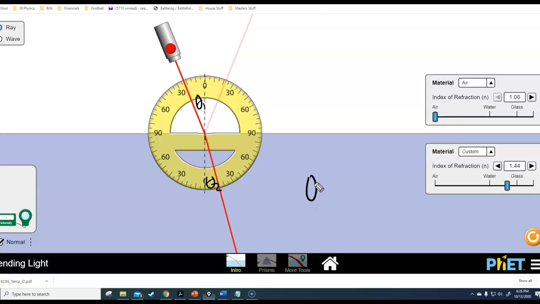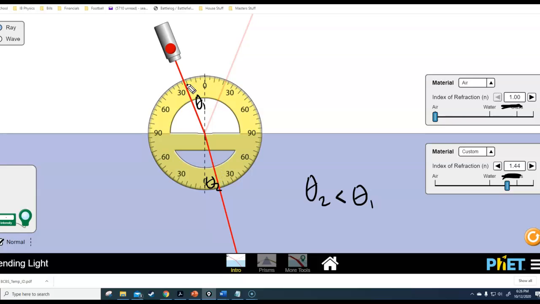Okay, and actually notice that theta 2 is smaller than theta 1. Okay, so as a general rule of thumb, when you're going from a lower refractive index into a higher refractive index, what you would say is that the refracted ray bends towards the normal.